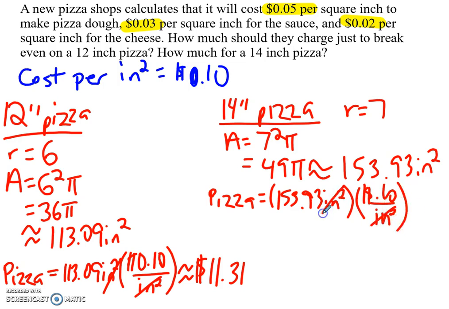Again, my square inches cancel, which leaves me with that cost, and that would be approximately $15.39 would break even for me, approximately. It's not exact, but again, because we're changing the approximations of pi. All right, so there we have our pizza.